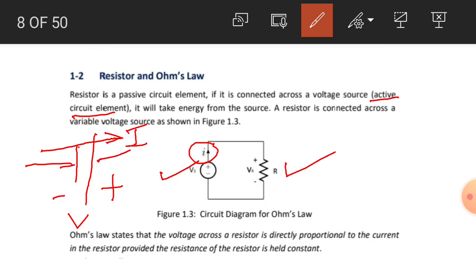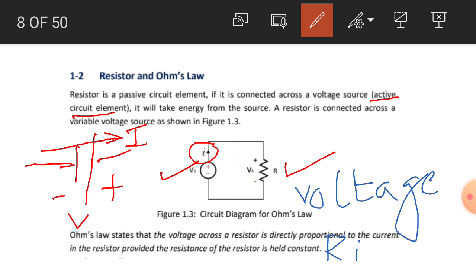Let me write it down for you guys. Whenever the current flows from the negative terminal of the voltage source towards the positive terminal, the voltage of the source will be known as voltage rise.